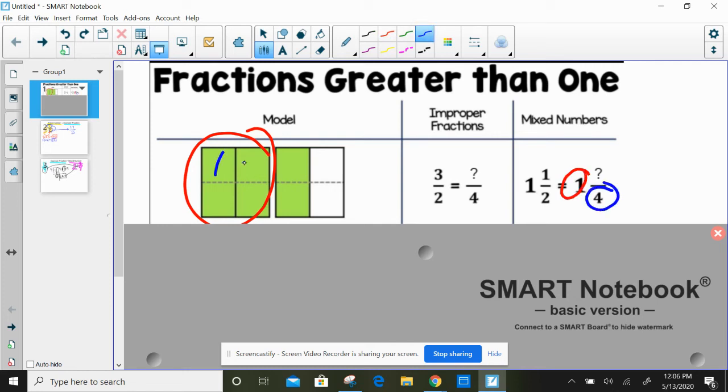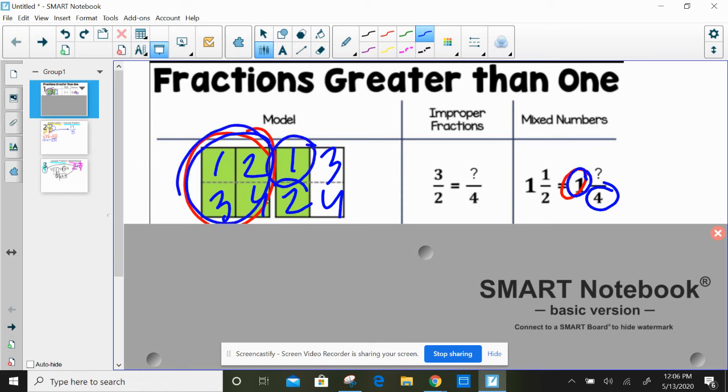So we have 1, 2, 3, 4, 1, 2, 3, 4. Okay, so that means we have 2. 1 and we have 1 whole and 1, 2.